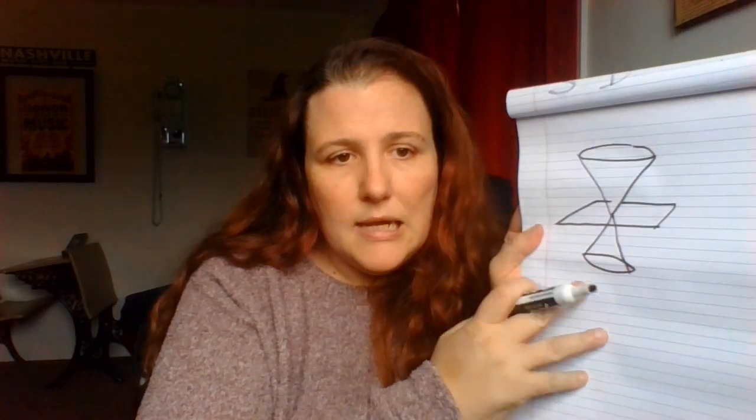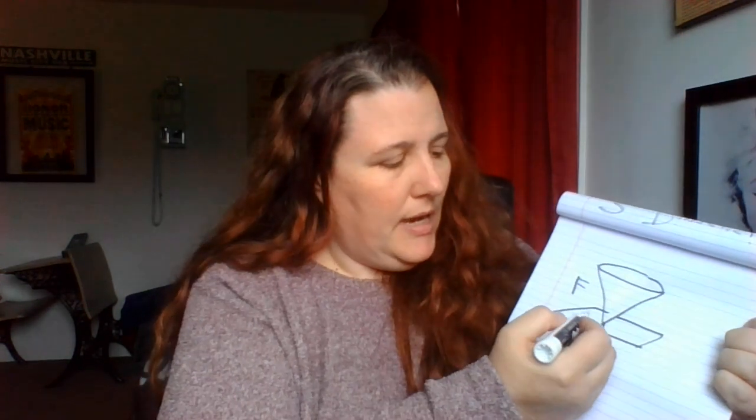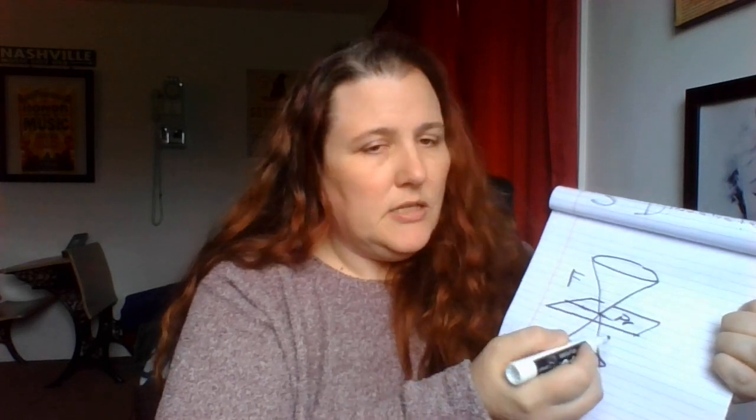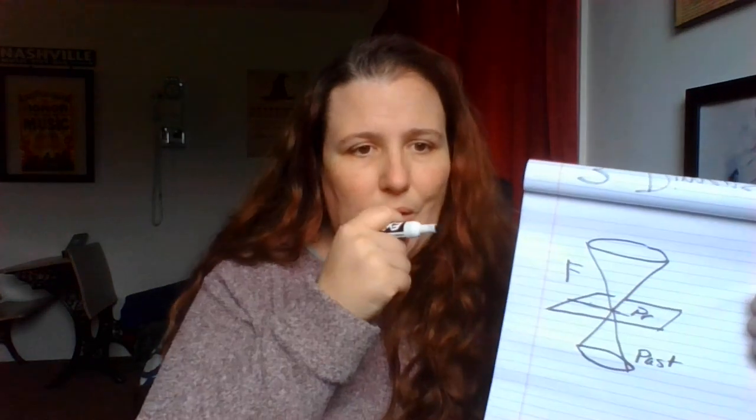We've got these like 2 funnels connected by a plane. The top funnel is the future. This plane is our current, it kind of should bisect here, but this is our present, our current understanding of what's going on. And then this down here is the past, what has occurred already.